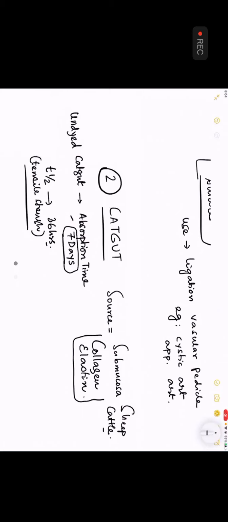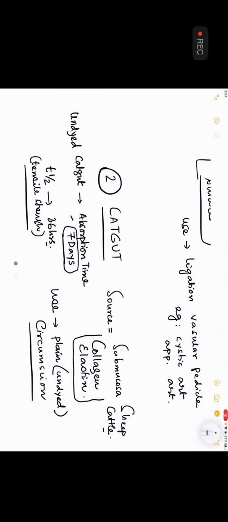The only thing you are required to know is that the only use of plain catgut, also called undyed catgut, is in circumcision. Circumcision is one in which you are not going to remove the stitches.